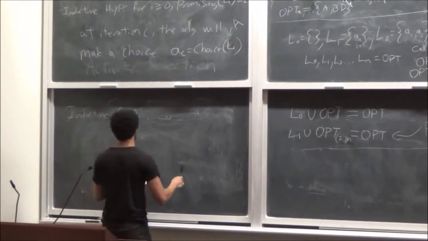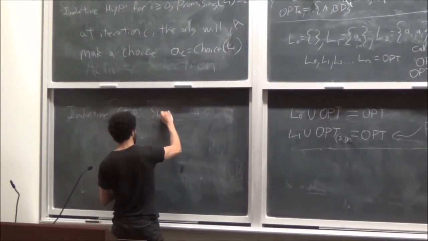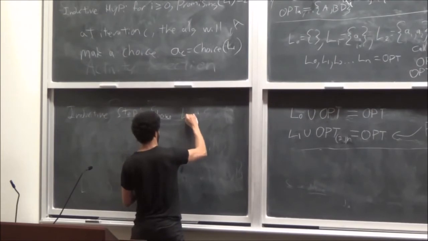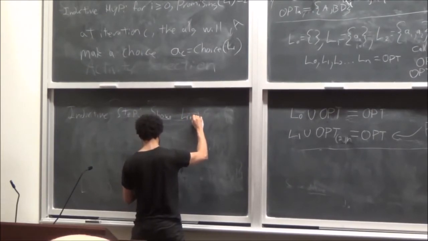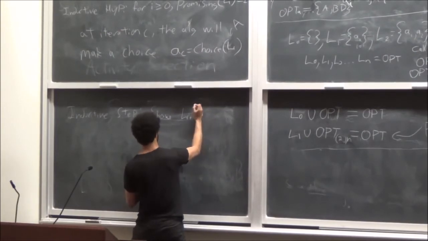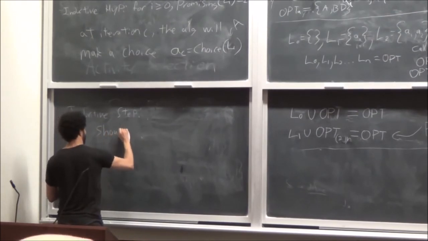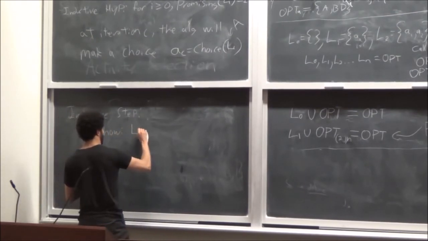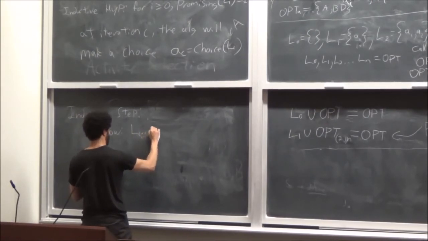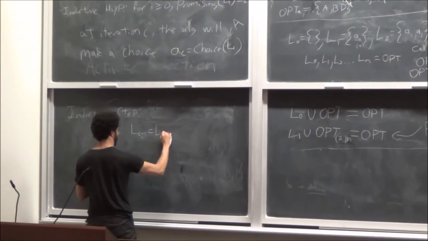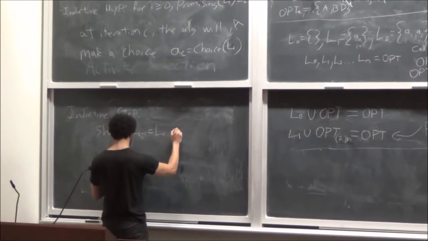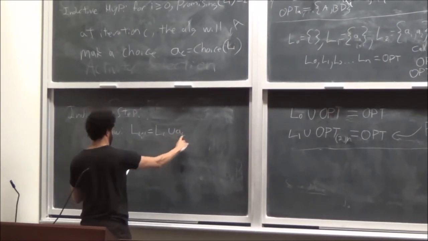We're going to attempt to show that Li plus 1, which is equal to Li unioned with the AC, with our chosen action, right?